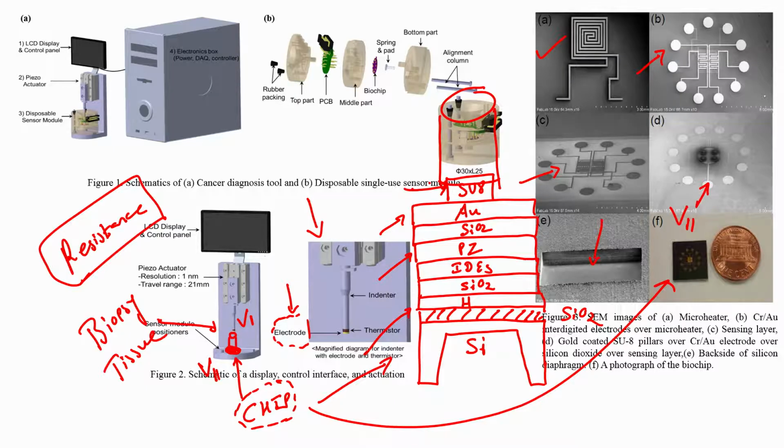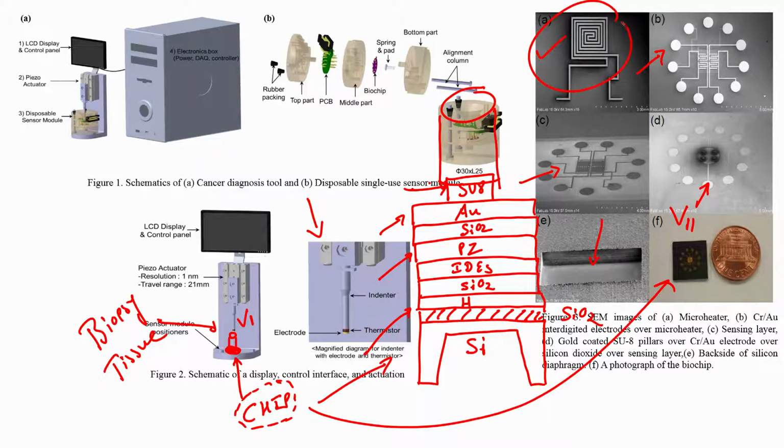Let us see the third one. What does our chip have? Our chip has a heater, is it not? So, if I apply a voltage to the heater, it will heat, that means I can heat my chip, let us say at 37 degrees centigrade, okay, and tissue is placed on this chip.